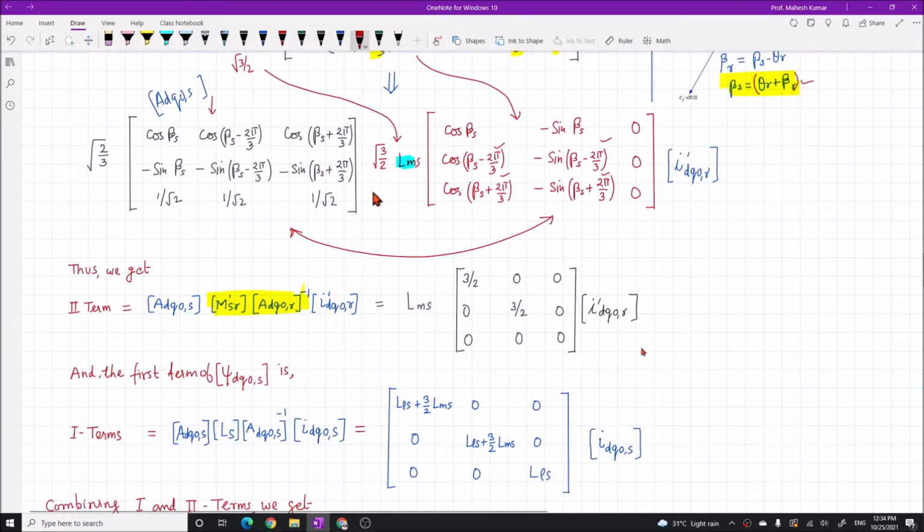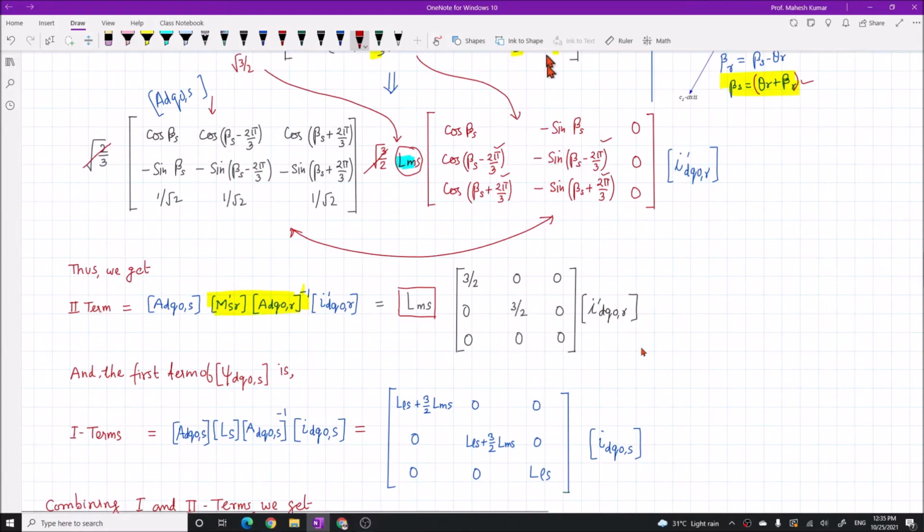This will go away with this, because this is root 2 by 3 and this is root 3 by 2. So these two constants will go away. We will have LMS, which is here, and we multiply these elements with these elements.